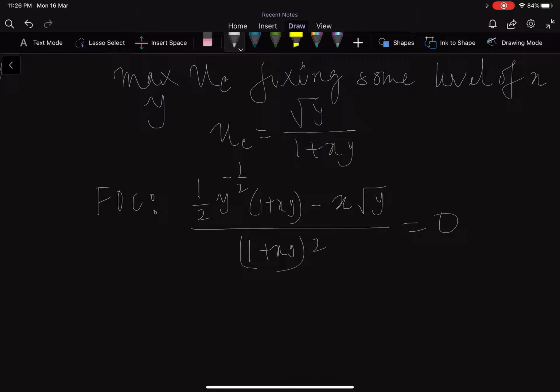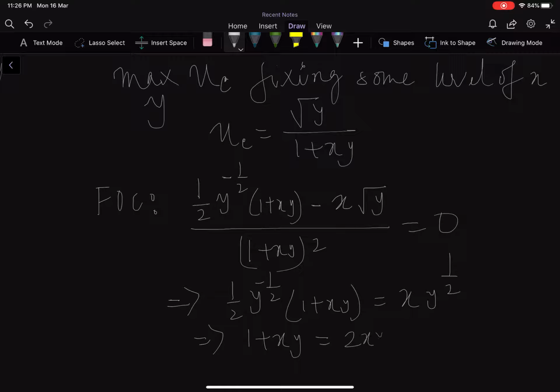If this is 0, the denominator is a square term which is positive. That tells you that half y to the power minus half times 1 plus xy equals x times y to the power half, which tells you 1 plus xy equals 2xy, which tells you xy equals 1, which tells you y equals 1 by x.